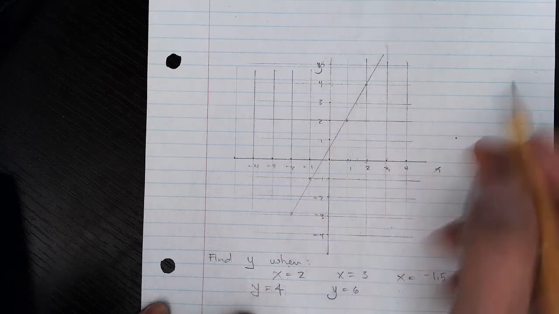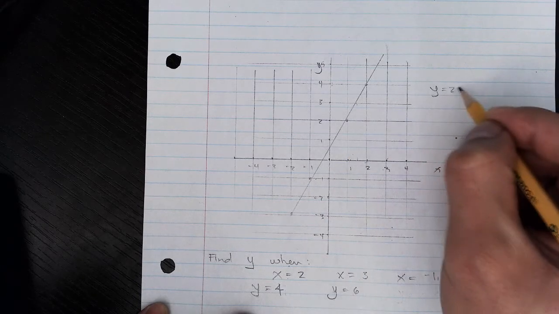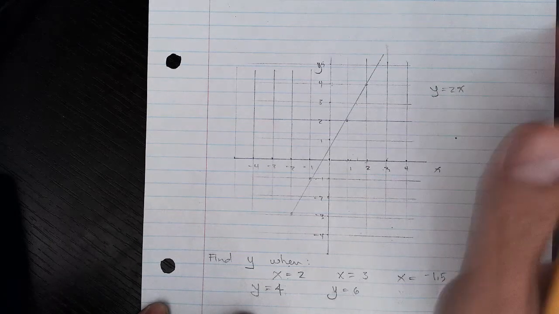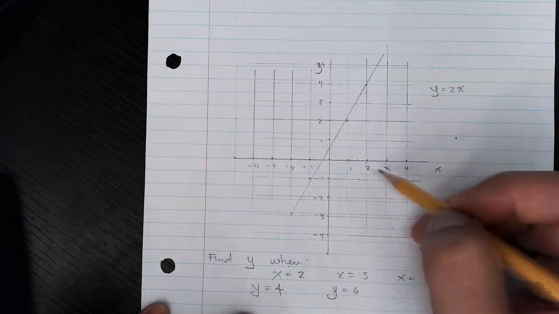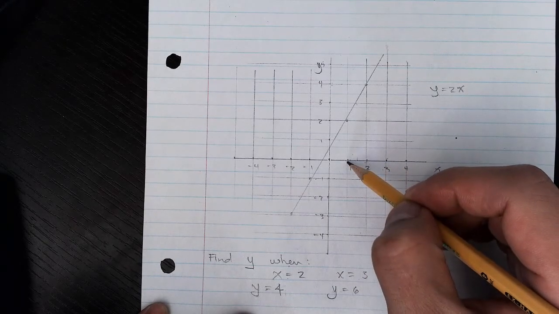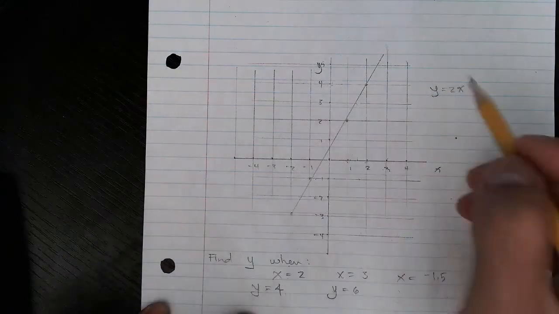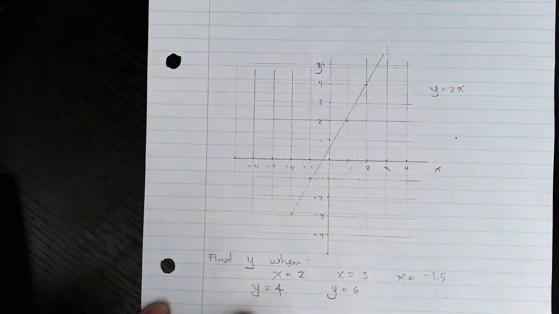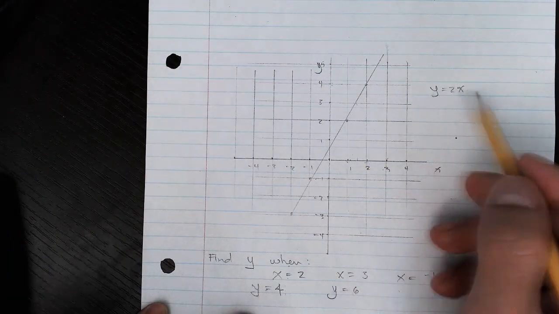So maybe the formula is y equals 2x. Let's see, 2 times 1 is 2, so yeah, y equals 2. Okay, y equals 2x. Another graph doesn't quite look like that, but that looks like what's happening.